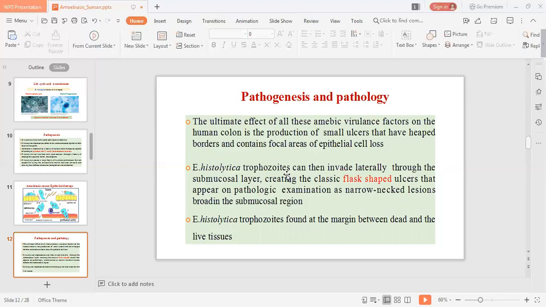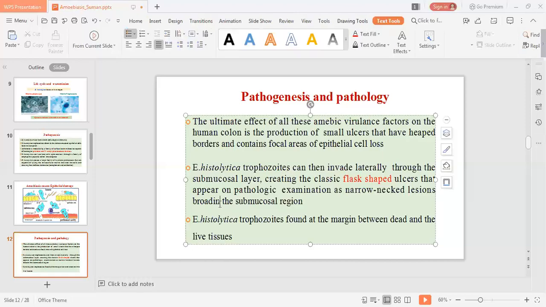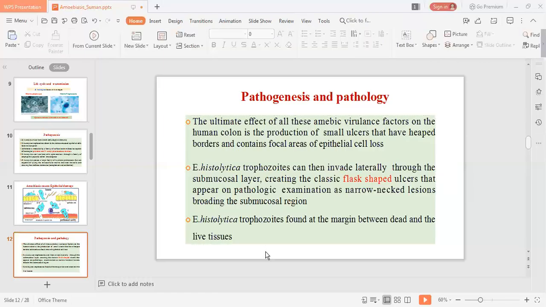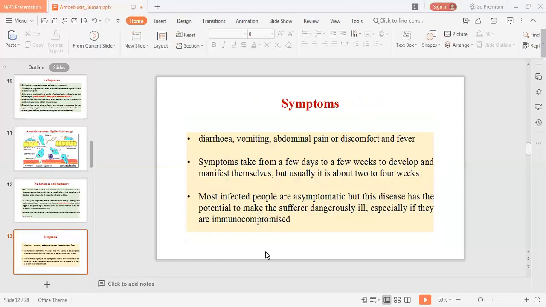And the trophozoites can then invade laterally through the submucosal layer, creating the classic flask-shaped ulcers that appear on pathologic examination as narrow-necked lesions broadening in the submucosal region. So Entamoeba histolytica is found at the margin between the dead as well as the live tissues in the colon.